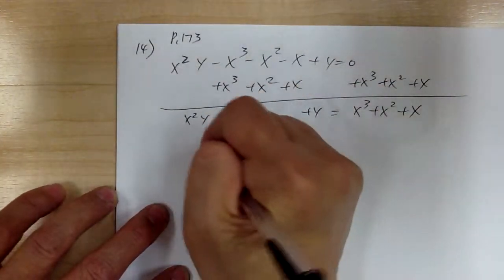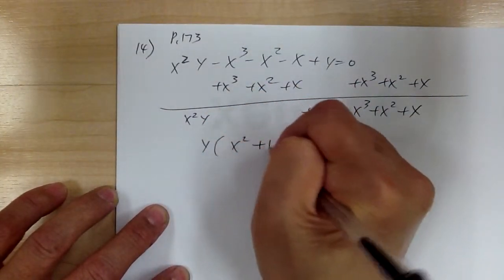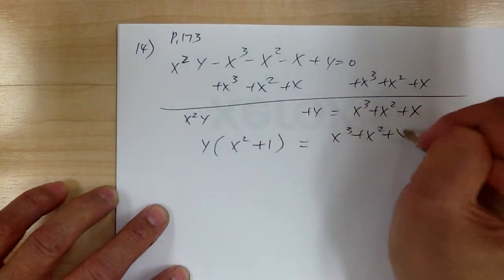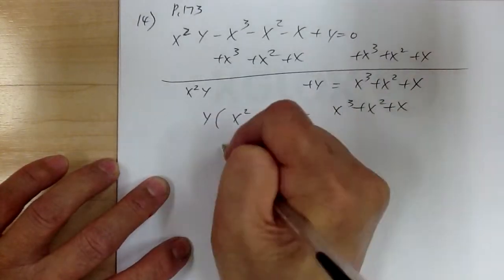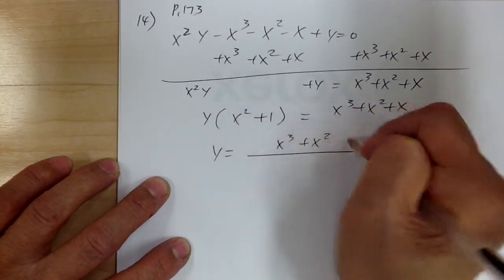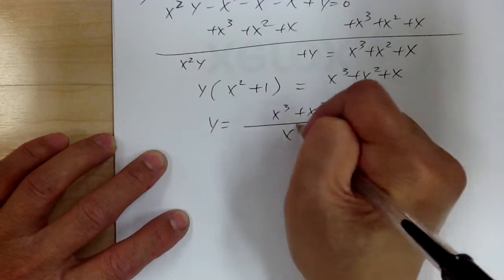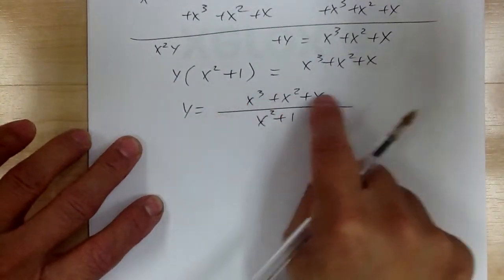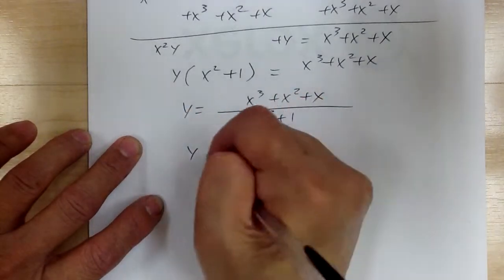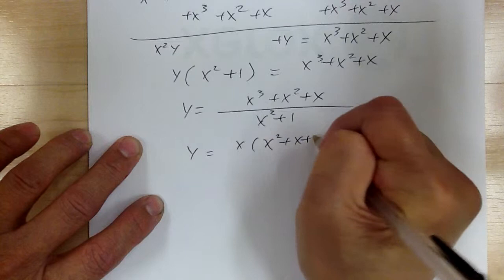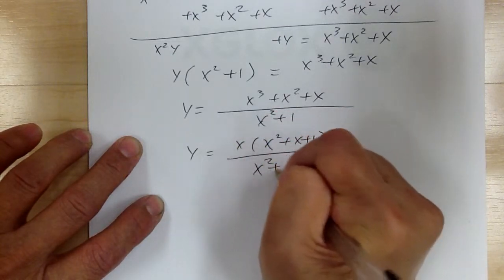Okay, going to factor the y, so you got y times x squared plus 1 equal to x cubed plus x squared plus x. Divide, so you got y equal to x cubed plus x squared plus x over x squared plus 1. Okay, and over here you can also do some factoring. Factor the x, so you get x times x squared plus x plus 1 over x squared plus 1.